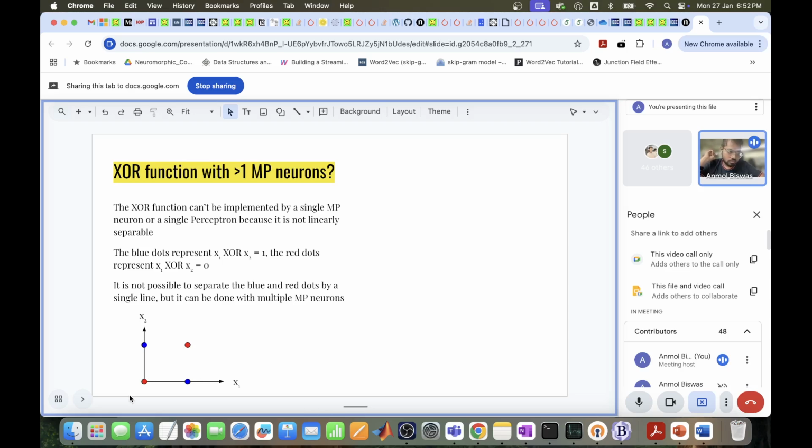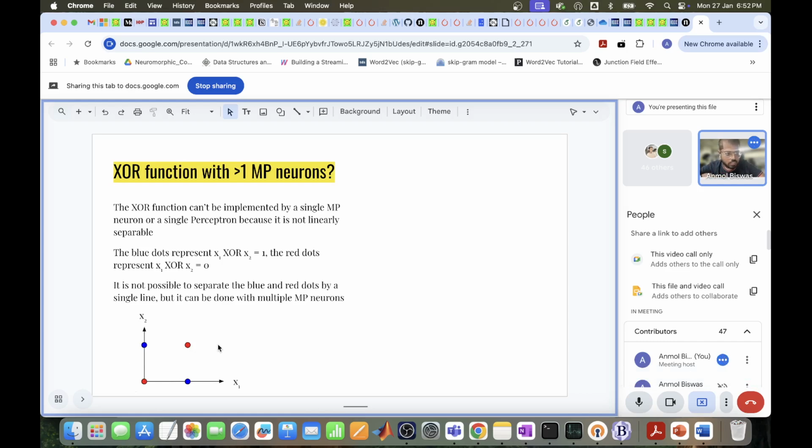And here you come across the problem that there is no way you can draw a line which divides this space in such a way that all of the red points lie on one side and all of the blue points lie on the other side. Let's think about it for a second. It's obviously impossible to draw a line that divides these two classes cleanly, and that is why we say this is not linearly separable.